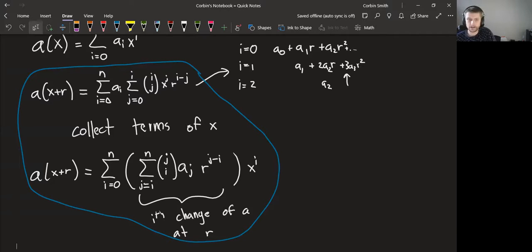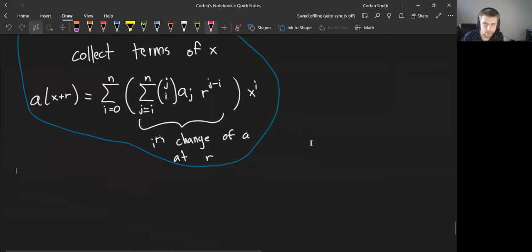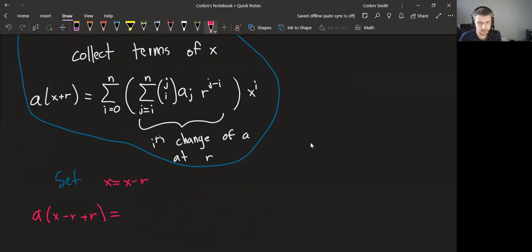This formula right here, well, I'll just say one thing is if we then go back and set x equal to x minus r, we're not done with this formula, but then we get a of x minus r plus r is equal to this thing: the sum from i equals 0 to n, sum from j equals i to n, j choose i, a_j, r to the j minus i, x minus r to the i.